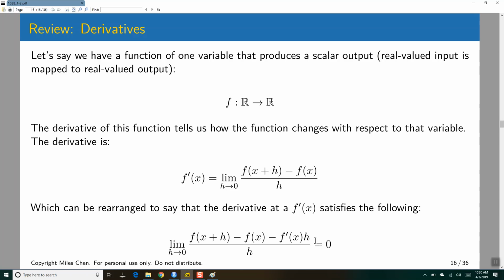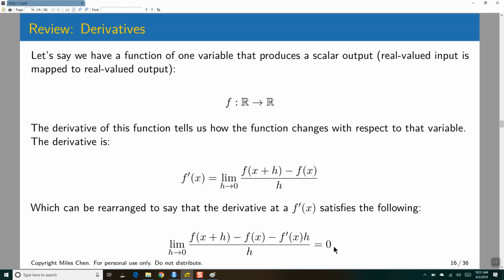And we can rearrange this, so if I subtract off f prime of x and throw it into the fraction, I can say that the derivative is the f prime value that satisfies this equation here, okay? So this thing here is exactly the same as this.